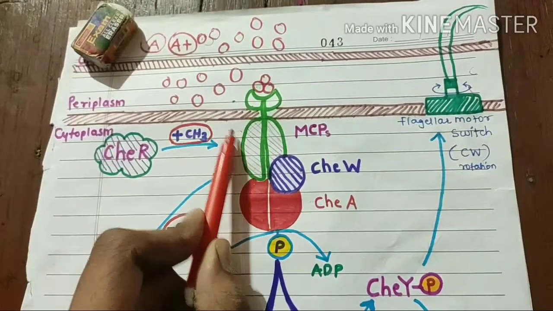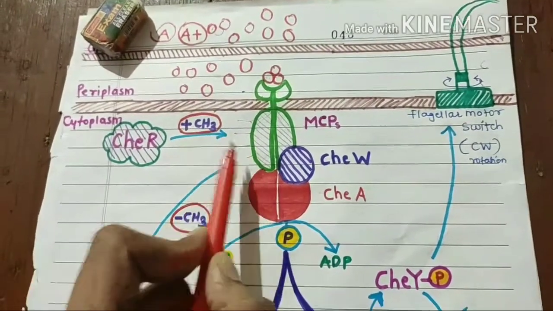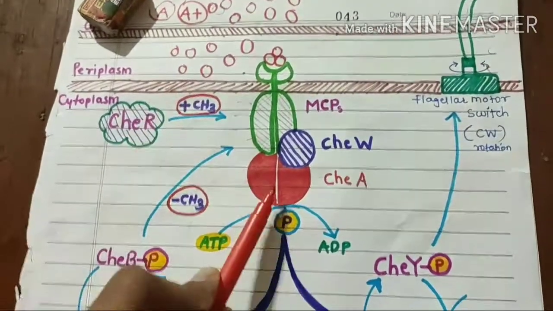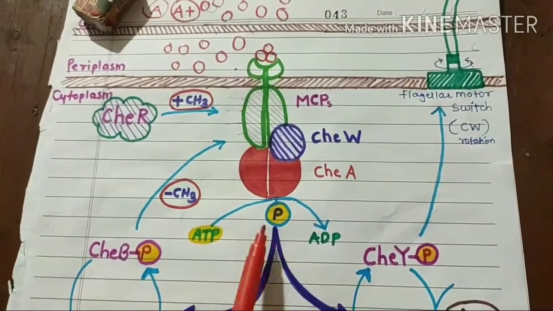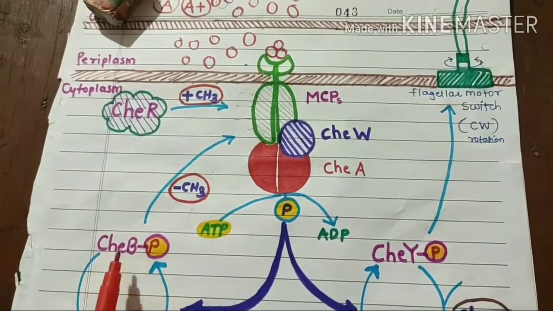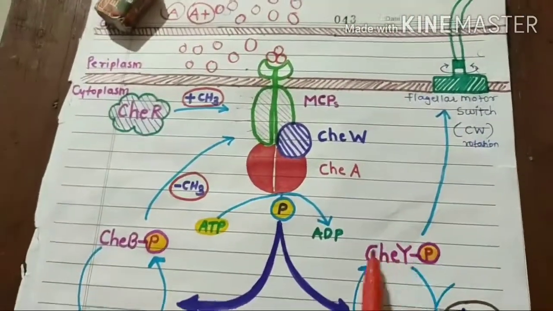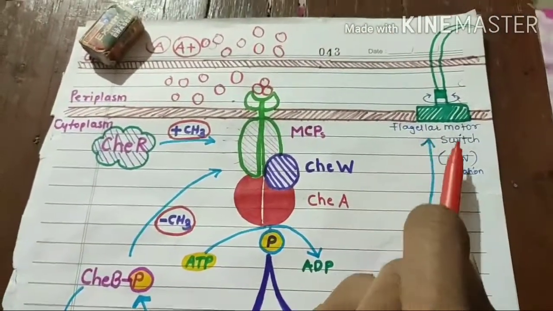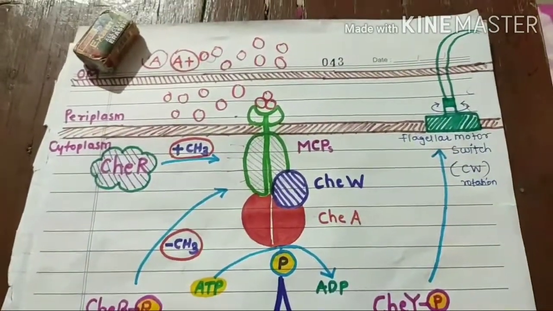So it will again get methylated, okay, and because of methylation, you know what happens, this CheA becomes active, and now it can produce CheY-P and CheB-P. It can phosphorylate these response regulators, and now this CheY-P will go and again cause tumbling because of the reversal rotation of the motor switch.